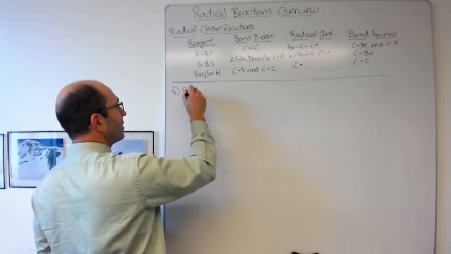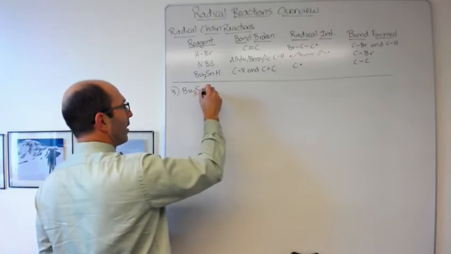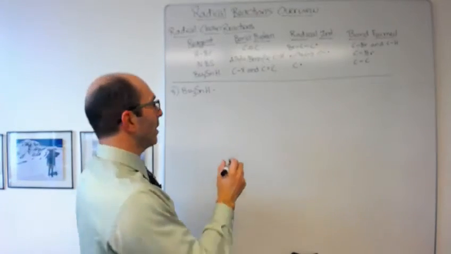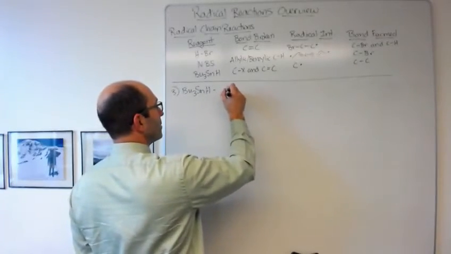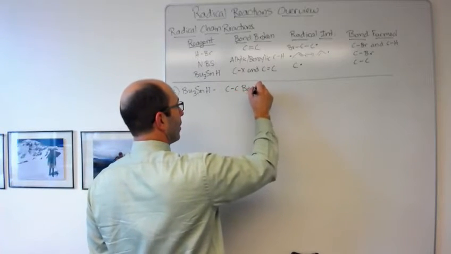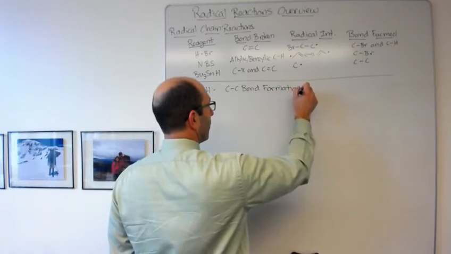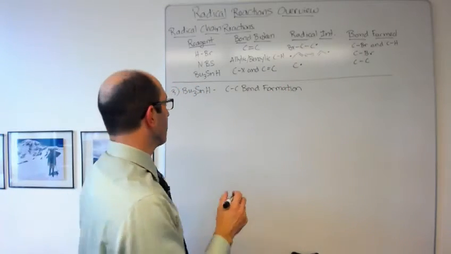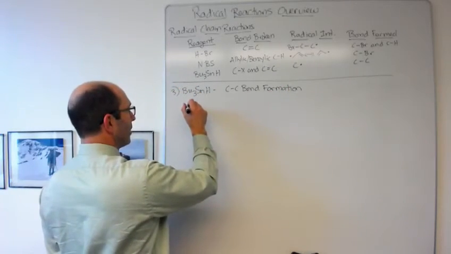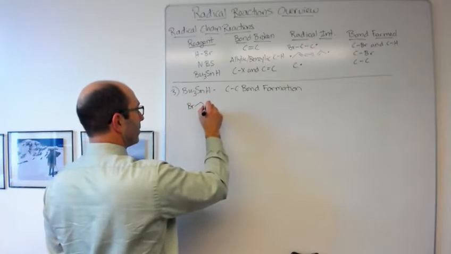So for tributyl tin hydride, we're going to use this to make carbon-carbon bonds. All right? So this is CC bond formation. Very, very useful reaction. So for example, this is a really nice way to make rings.